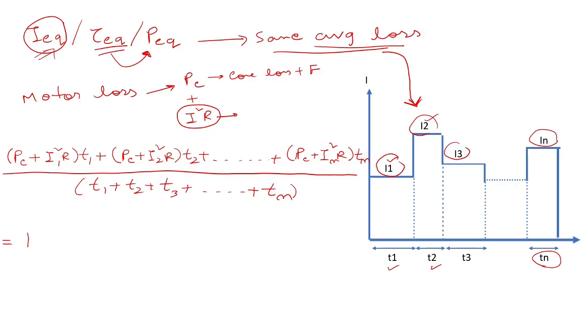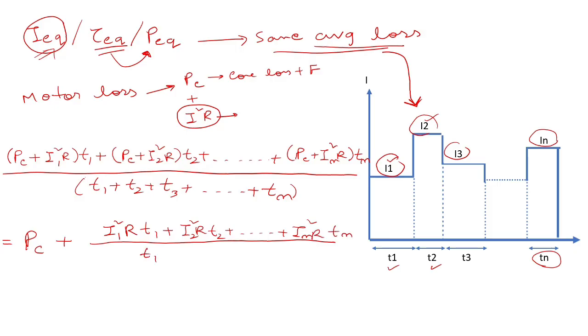Therefore we will be left with PC plus this value, I1 square R T1 plus I2 square R T2 plus In square R Tn, divided by T1 plus T2 plus Tn. This is the value.